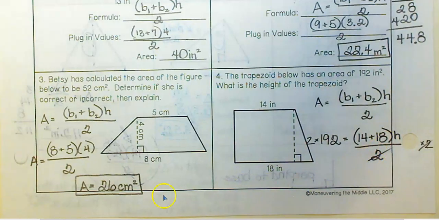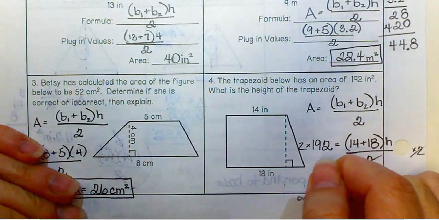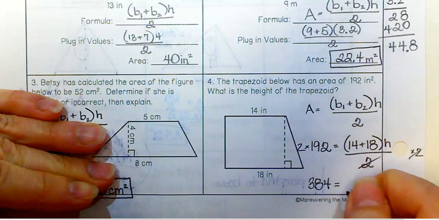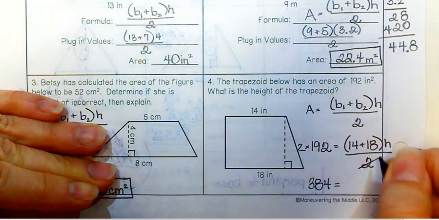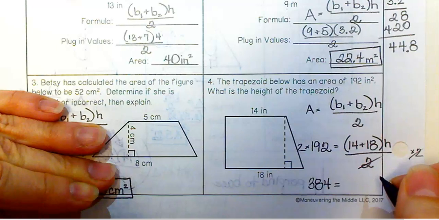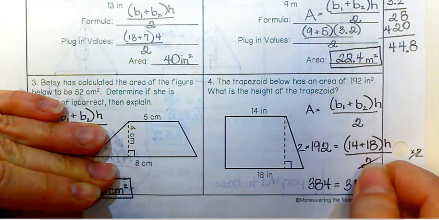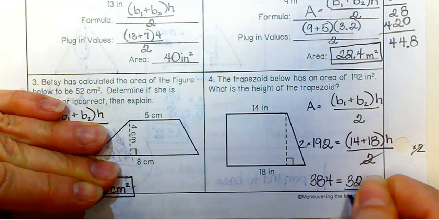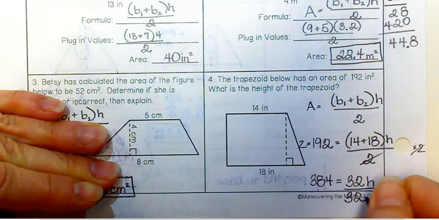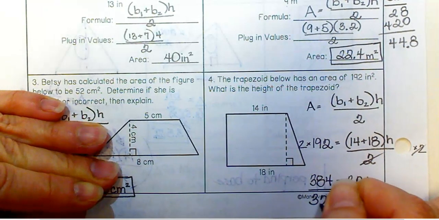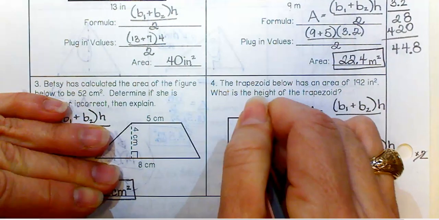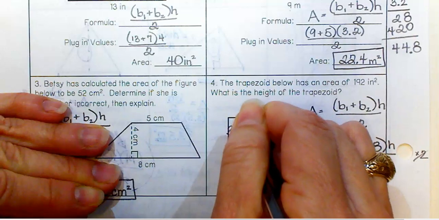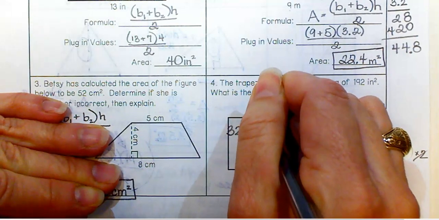192 times 2. All right, I think that's 384. And that's going to give me all of this. What's 14 plus 18? That's 32, I think, times height. Okay, then to get height by itself, I'm going to divide both sides by 32. 384 divided by 32. 32 will go into 38 once.